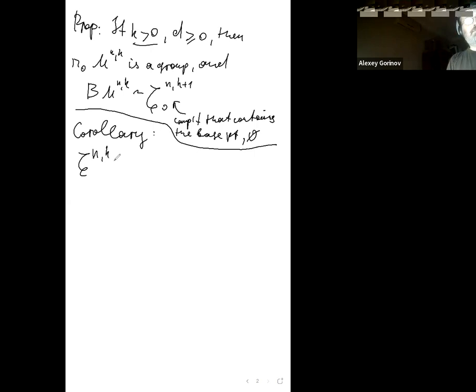C_{n,k} is homotopy equivalent to omega C_{n,k+1}.